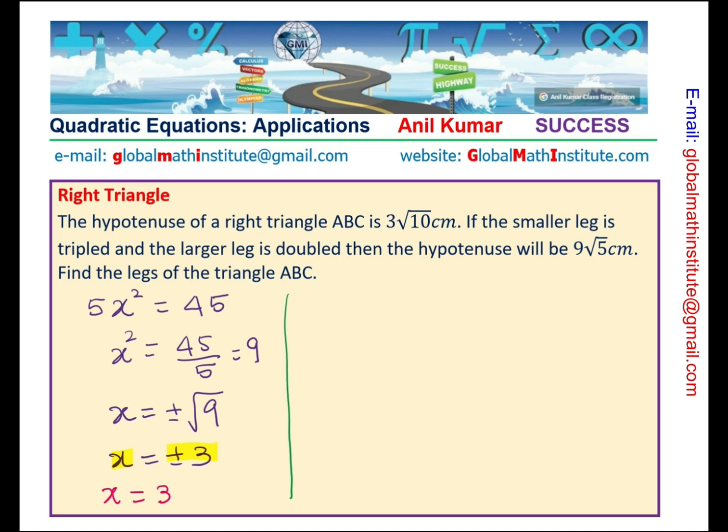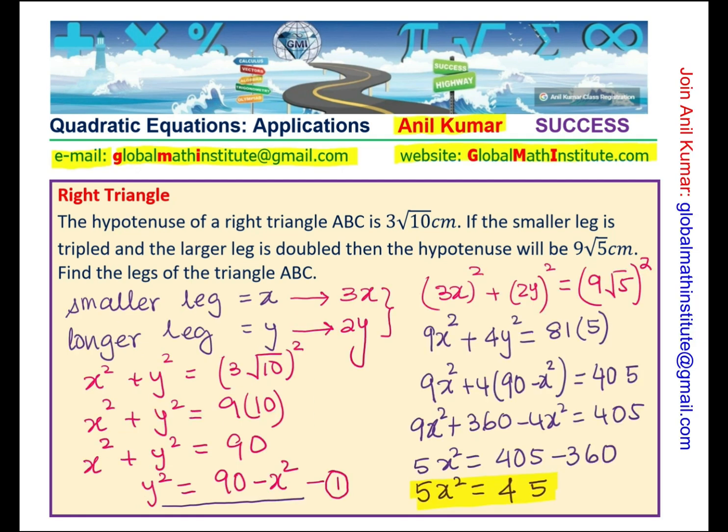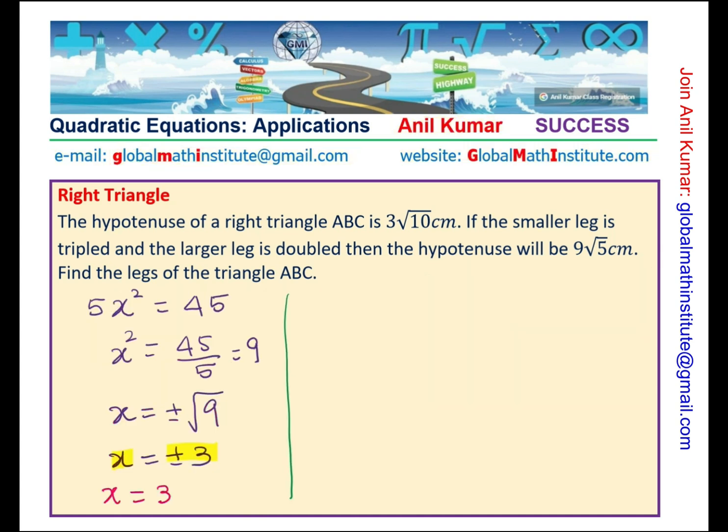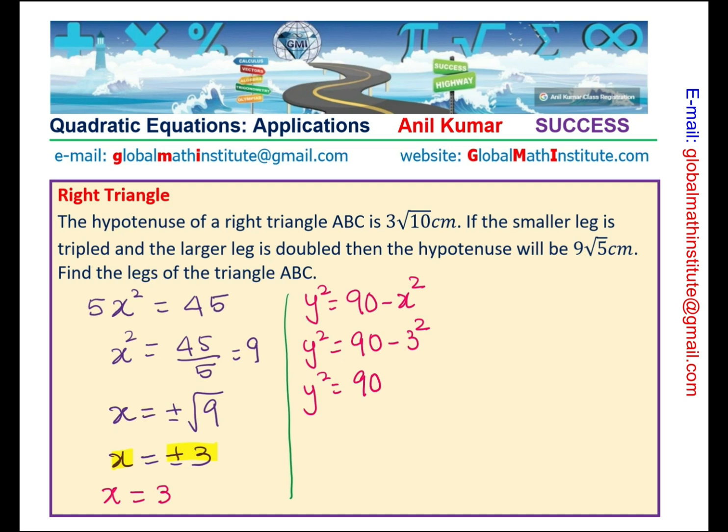And we also know how y is related to x, correct? y square is 90 minus x square. So y square equals 90 minus 3 square, which is 90 minus 9. So y square is actually 81, and that gives you y equals plus or minus square root of 81.